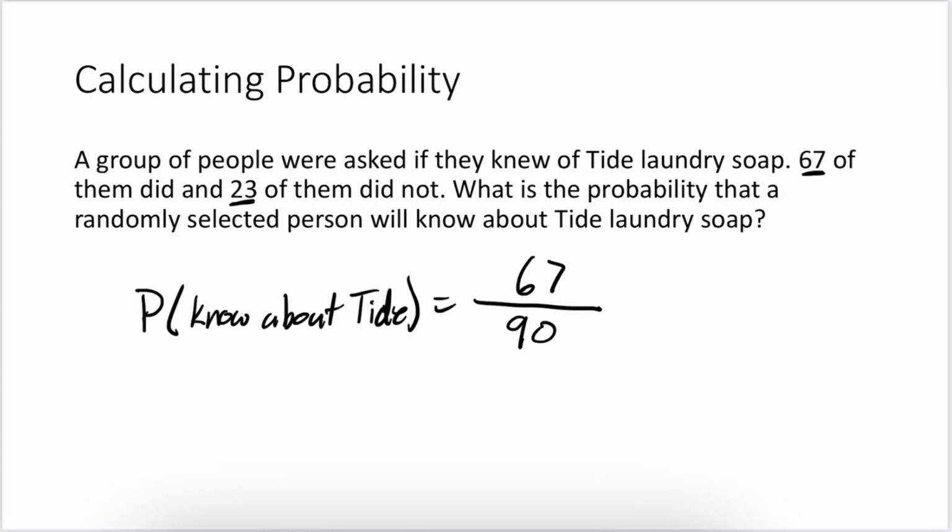And so I could leave this as a fraction, or I could do 67 divided by 90, and that would give me the decimal 0.7444444, etc., which means that this is approximately 74% likely that a random person would know about Tide laundry soap.